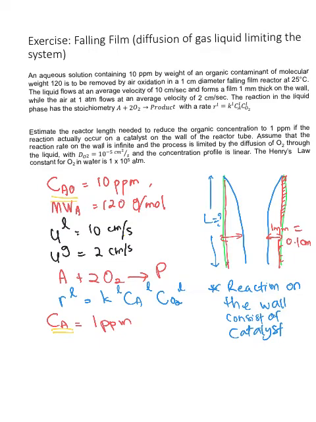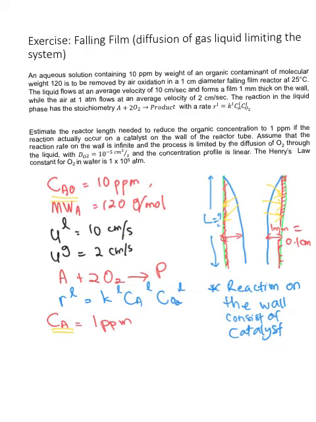Right? Okay. So the reaction will occur here, on the wall of catalyst. The catalyst is attached to the wall, and the reaction occurs on the surface of the catalyst. But the reaction is limited by diffusion of oxygen through the liquid.